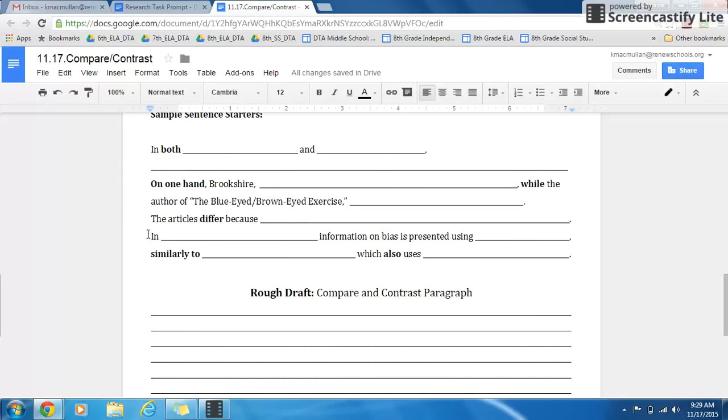And here's another compare. In blank, information on bias is presented using blank, similarly to blank, which also uses blank. So in the blue-eyed, brown-eyed exercise, information on bias is presented using an experiment, similarly to A Teen in a Trolley reveals society's dark side, which also uses experiments.